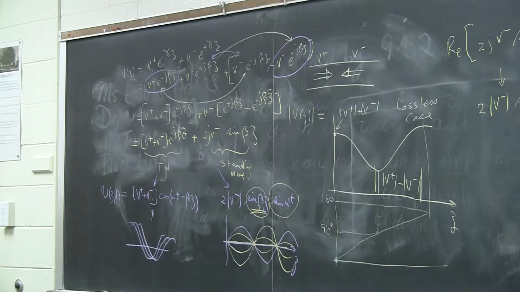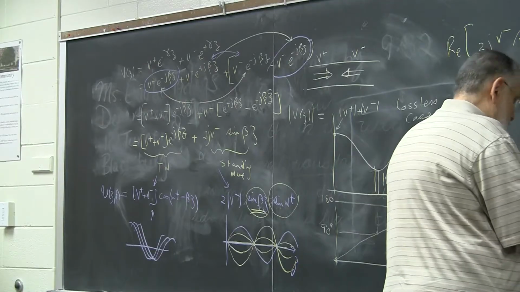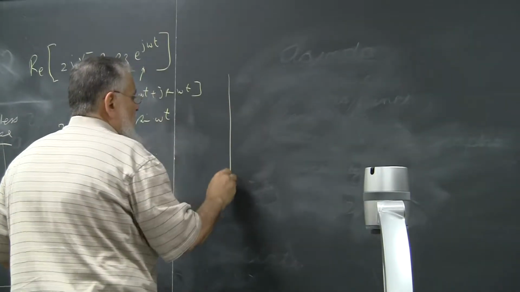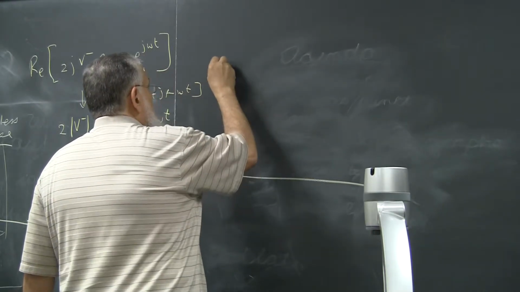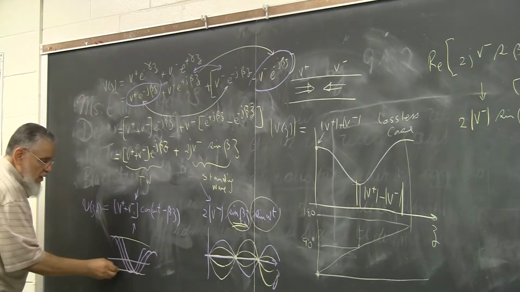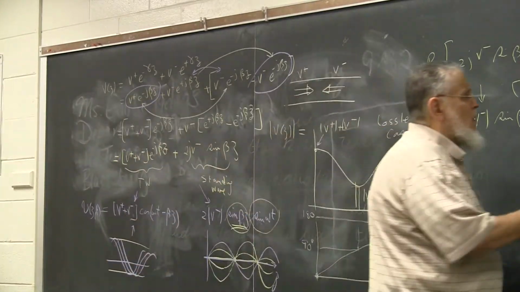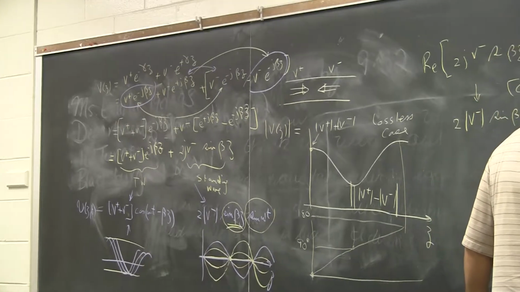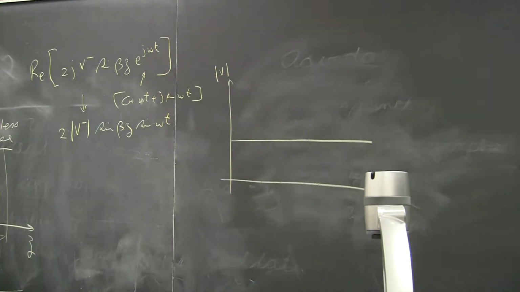But anyway, the point is, I got myself a solution now that consists of a superposition of, if I do magnitude now, the V magnitude of this is constant, right? The magnitude is constant here. And this one here is, so you have a constant magnitude here, and superimposed on it, the magnitude of this is going to be, let's do magnitudes here.